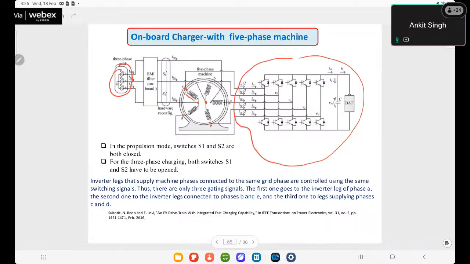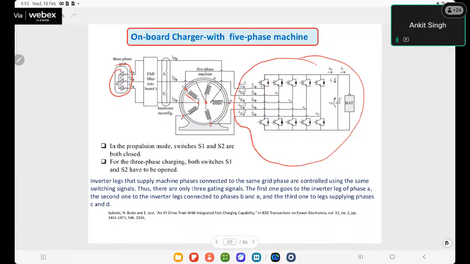During charging, switches S1 S2 will be open. During propulsion, S1 S2 will be closed for the five-phase operation.